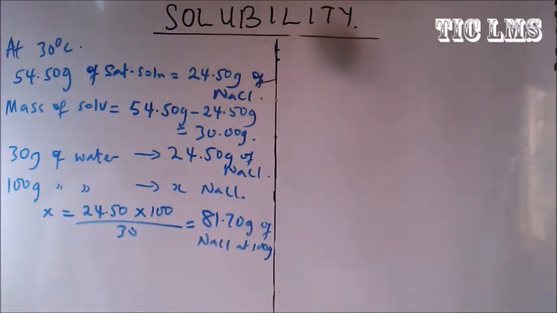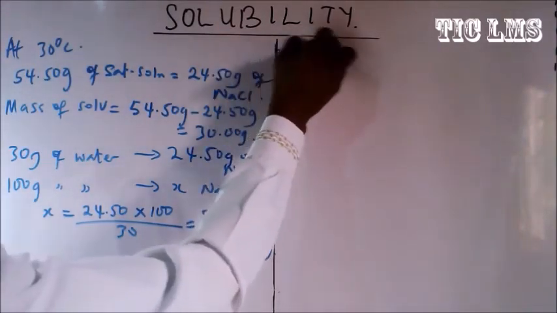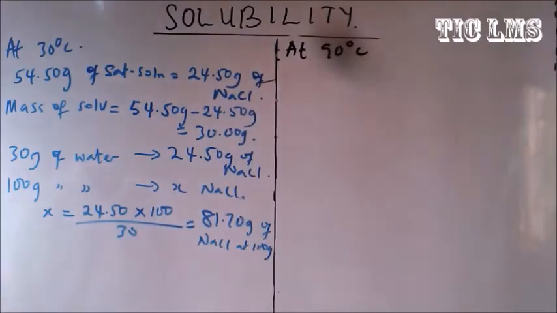Now, B says if the solubility at 90 degrees Celsius is 240 gram per 100 gram of solvent, what mass of sodium chloride will be deposited? So we have here that at 90 degrees Celsius, this salt is highly soluble.